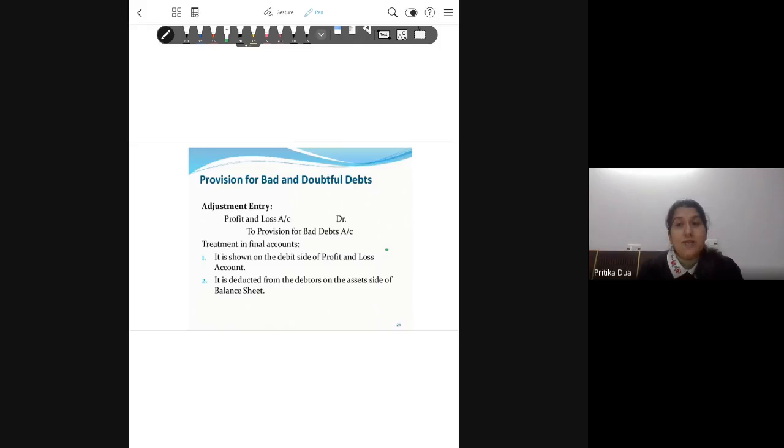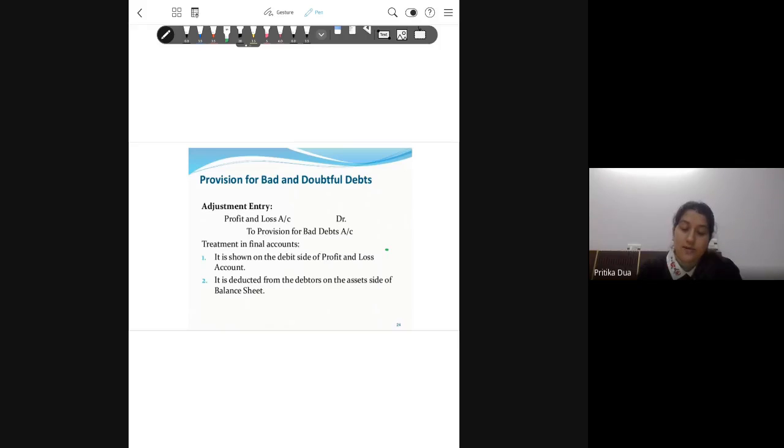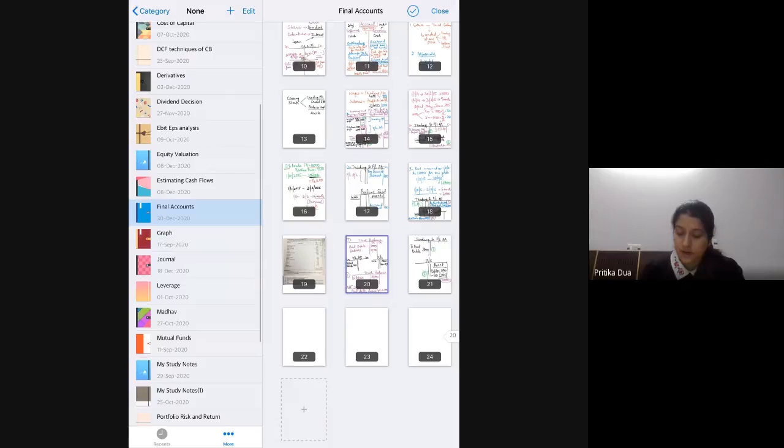Provision again is an expense for the business and hence it appears on the debit side of the profit and loss account, and it is deducted from debtors on the asset side of the balance sheet. तो ये तब है जब आपको provision for bad and doubtful debts दिया हुआ है as an adjustment entry in the trial balance. So I will show the working of this adjustment also with say one simple example.